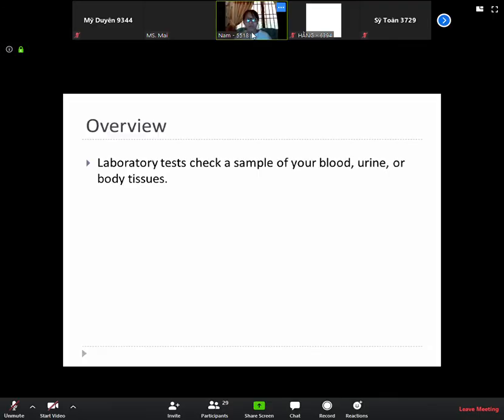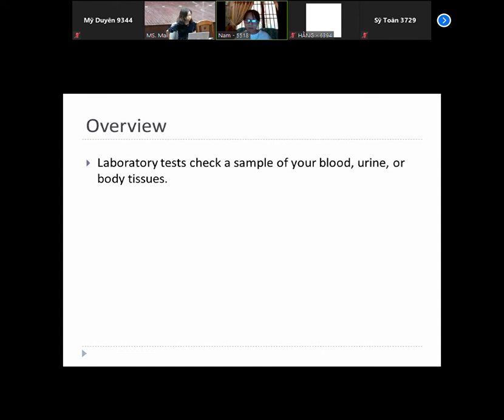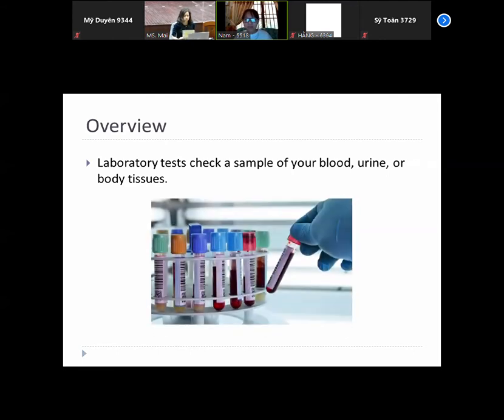The test has a range because there are differences from person to person, so there are many factors. You can see this is a typical picture of a blood test.